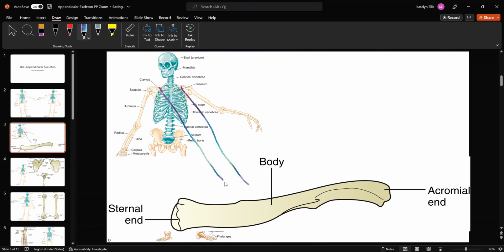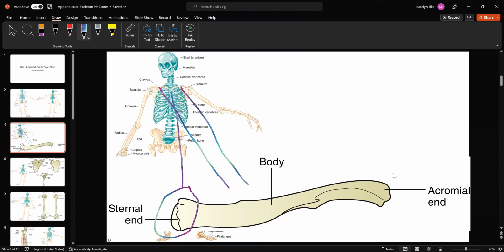You have one on each side of your body. The image here is showing the sternal end, and that is going to go by the sternum. So we are looking at this model's left collarbone. Remember, this might be your right side looking at the screen, but it is your client's left collarbone.